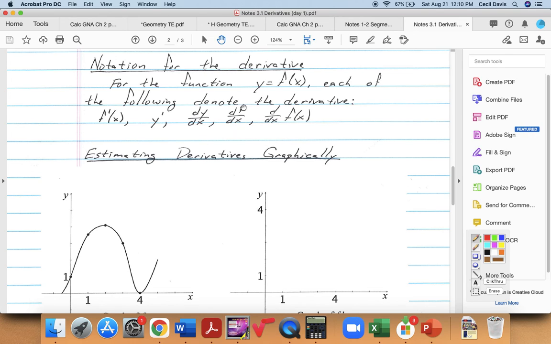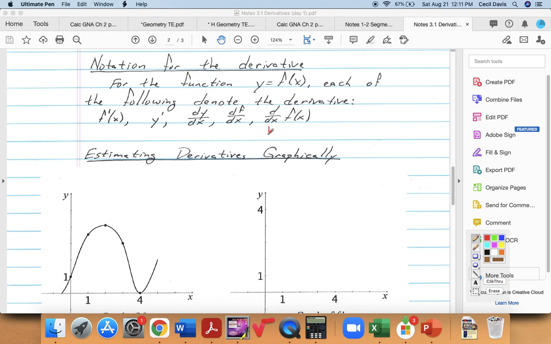Another way to write that would be df dx. You almost never see this one. It just doesn't come up very often. The other way that you see this is now we think of this first part as being an operator on this. The derivative with respect to x of f of x.